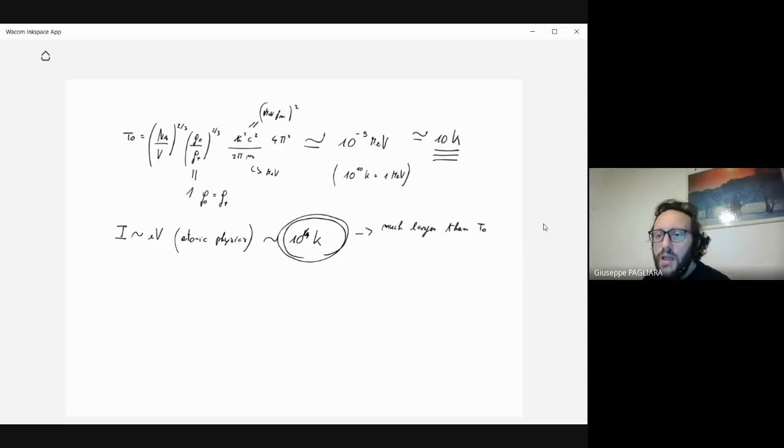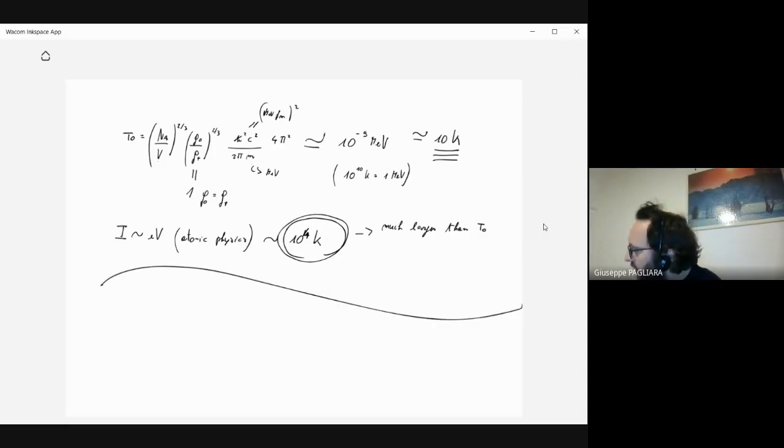Nevertheless, there will be a certain degree of ionization, because the degree of ionization is determined by the exponential suppression, but there is a prefactor, which is T divided by T0 to the power of 3/2. So if T0 is very small, of course, the degree of ionization is large at a fixed value of the temperature.